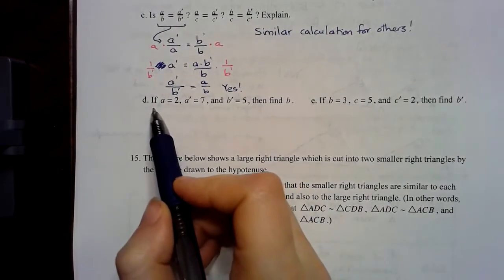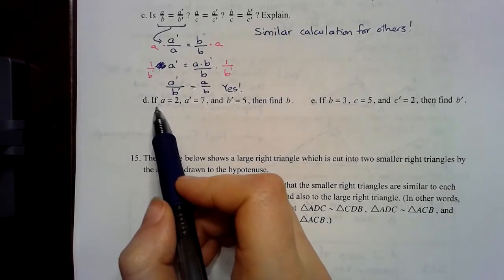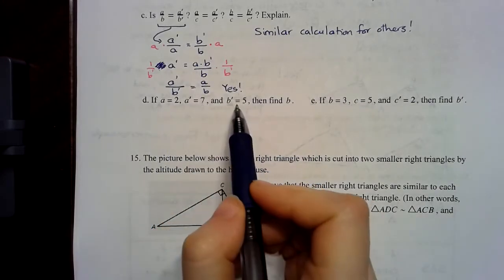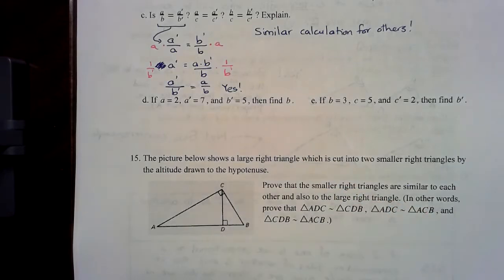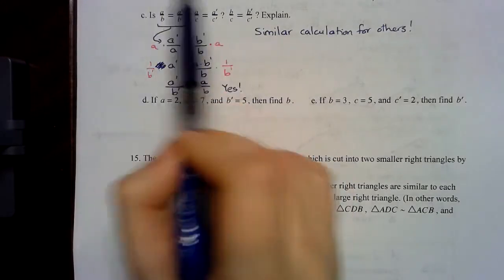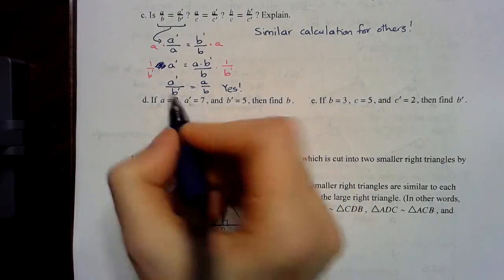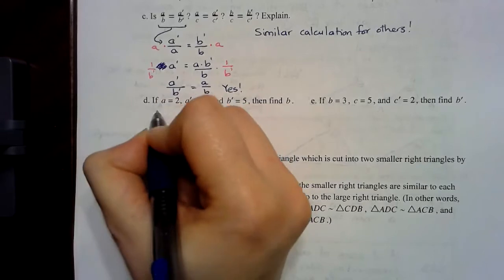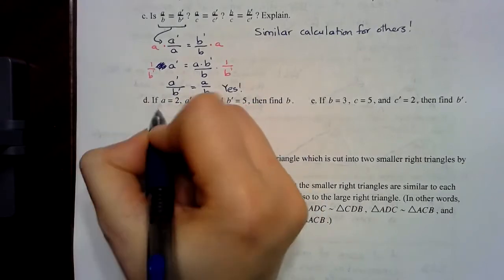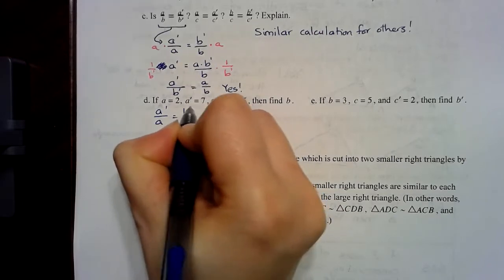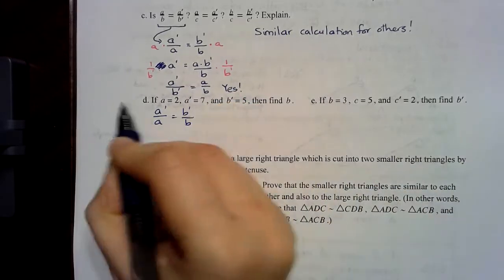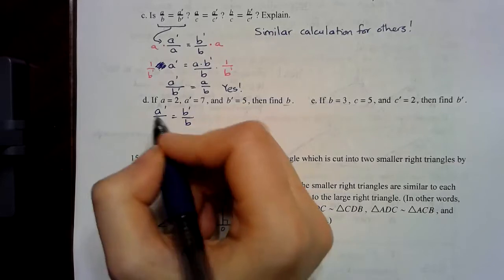All right, let's work on part D. If A is 2, A prime is 7, and B prime is 5, then find B. So I'm going to set up one of these ratios, right? I know that A prime over A equals B prime over B, and so I can plug in these numbers.